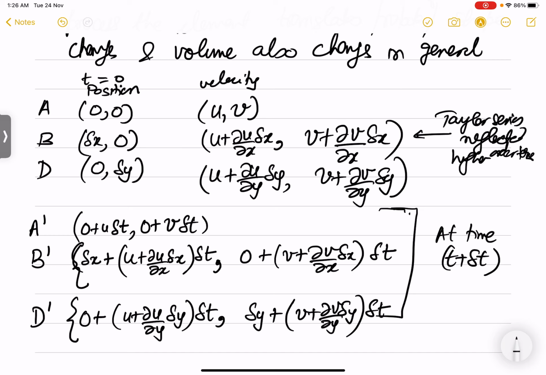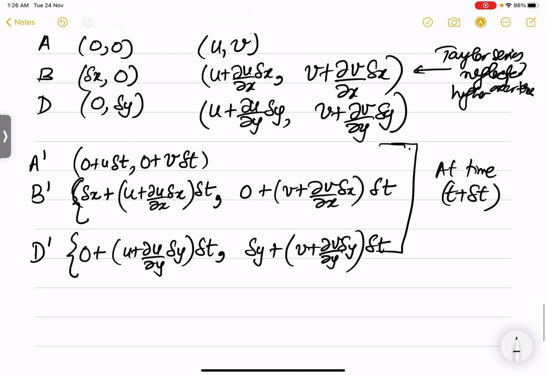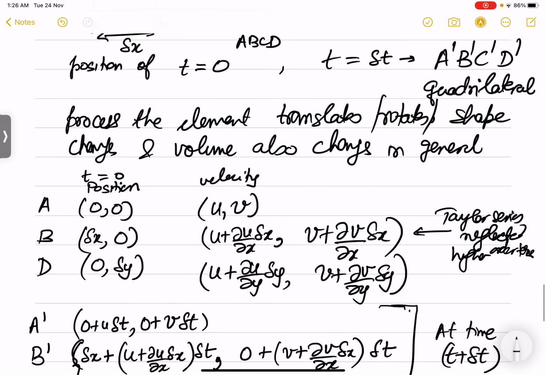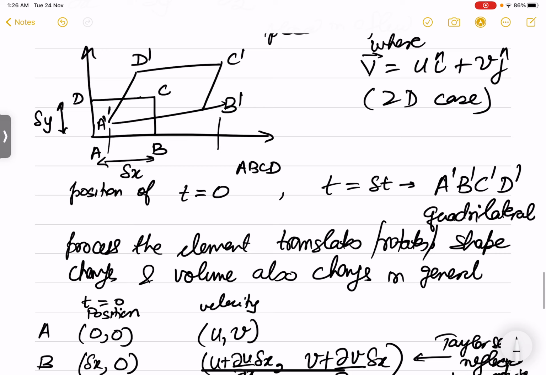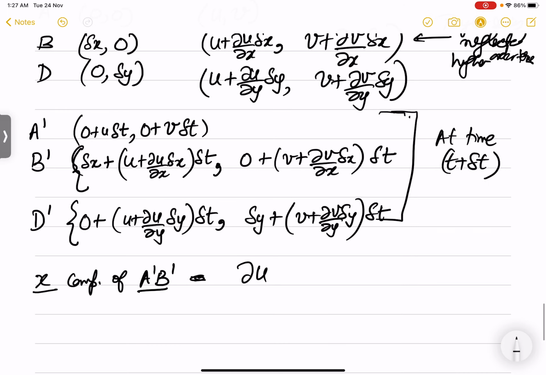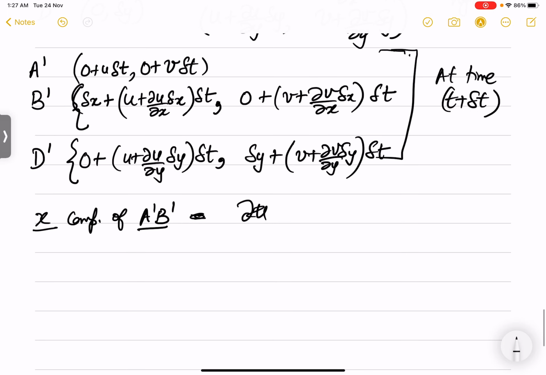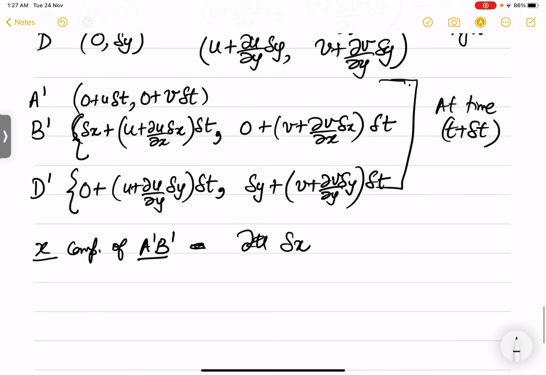Now from here what one can see is, I'm looking at the x component of A prime B prime.